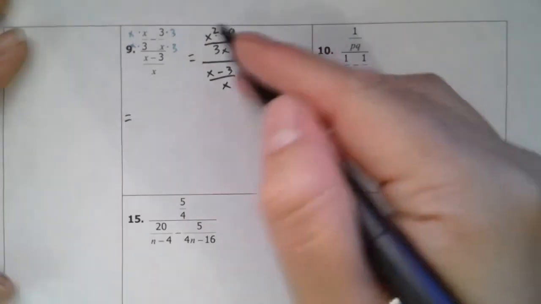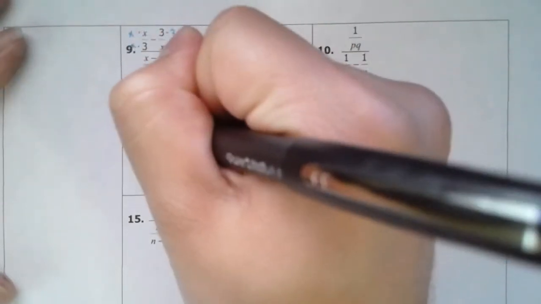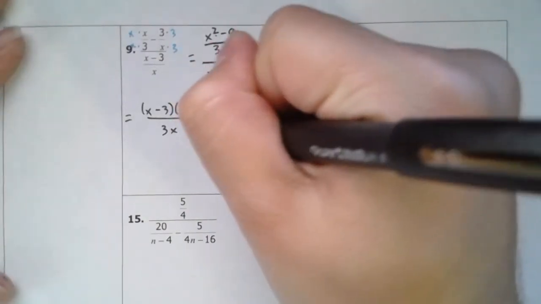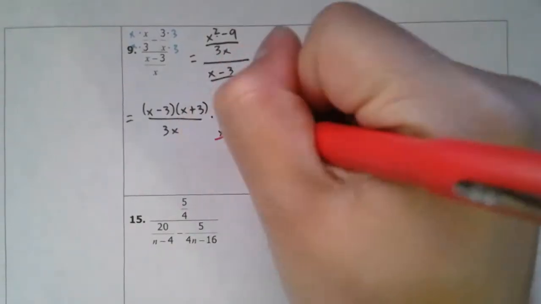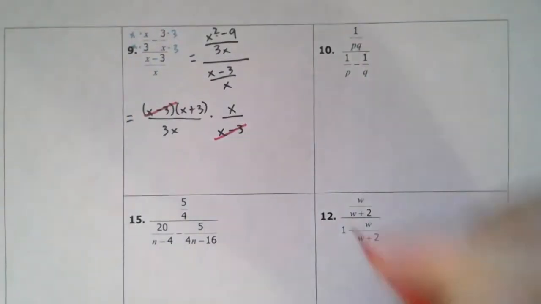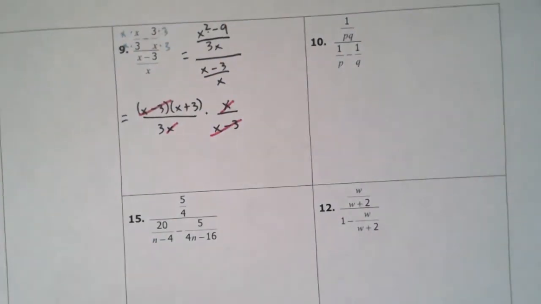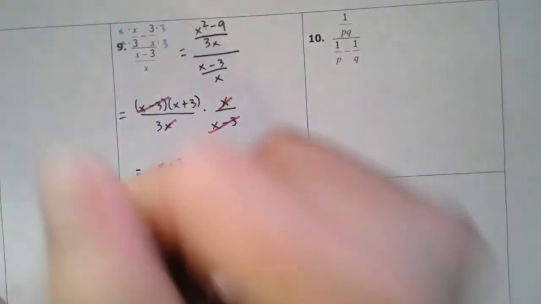I can rewrite the first one here. The top is the difference of squares, so (x minus 3)(x plus 3) over 3x, times, take the reciprocal, x over (x minus 3). X minus 3 here cancels out with this one. The x here will cancel out with that one. And then all of this is just (x plus 3) over 3.